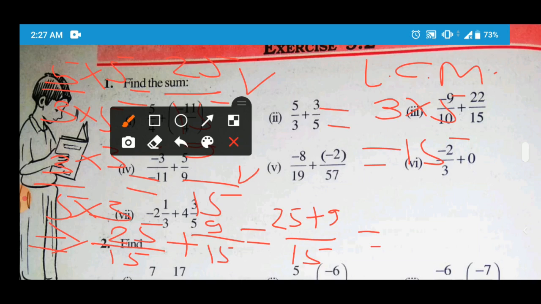Now 25 plus 9 gives us the 34 upon 15. It is equal to 15 2s are 30 and 4 is remainder upon 15. This is 2 4 by 15, our answer for the second part.